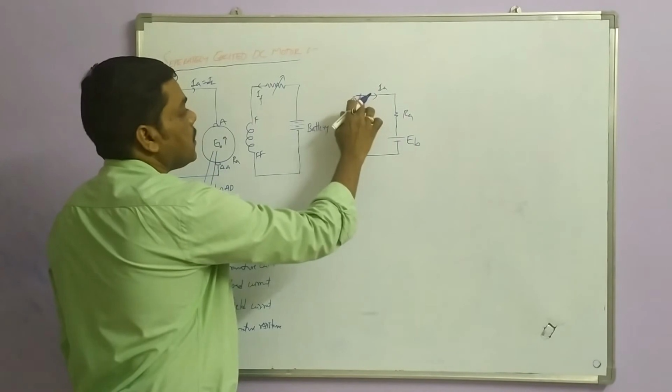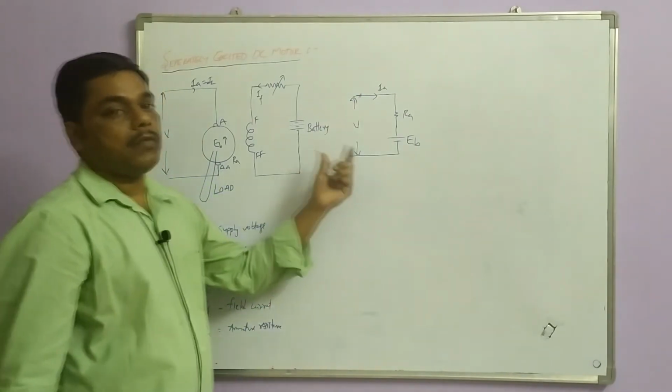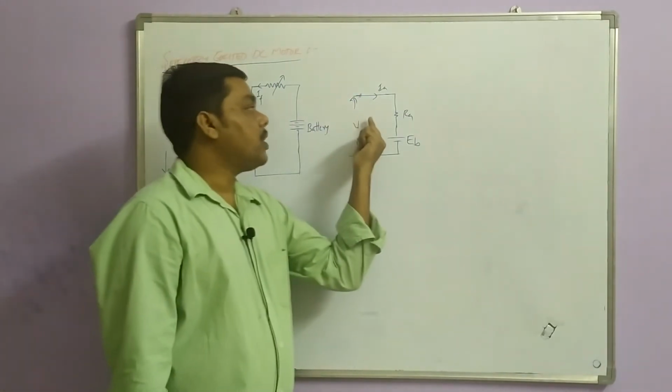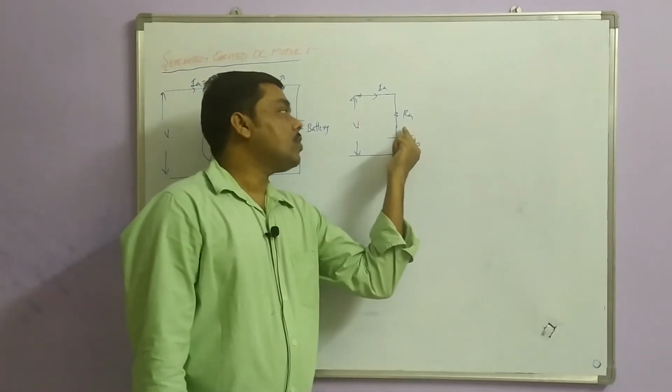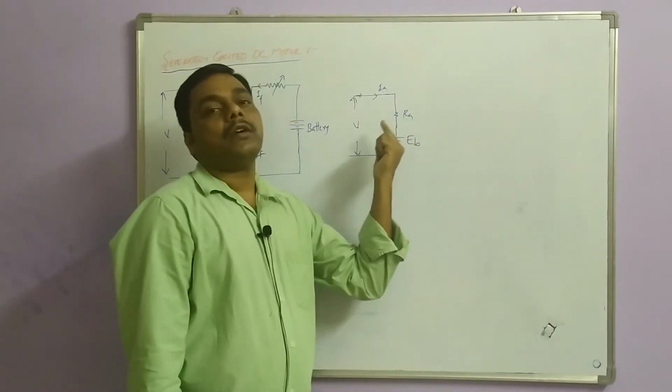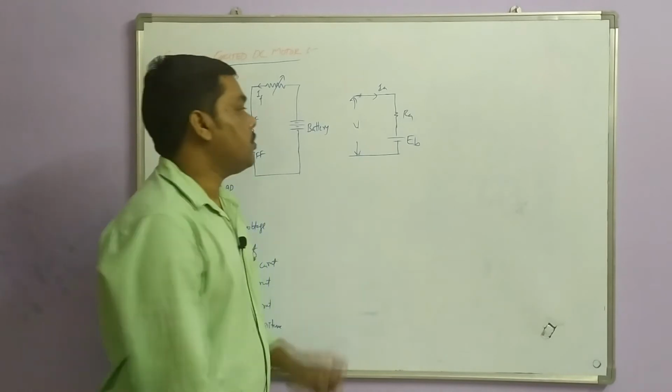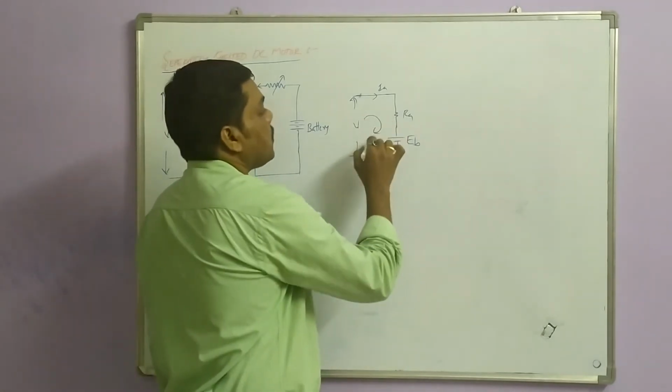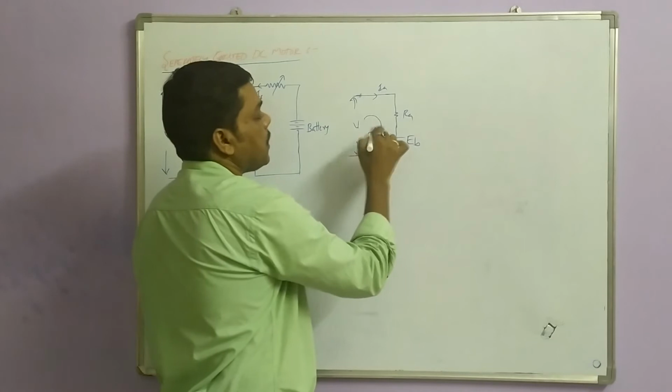Now by applying KVL, this is the applied voltage and this is the voltage across the armature. The current flowing through is IA.